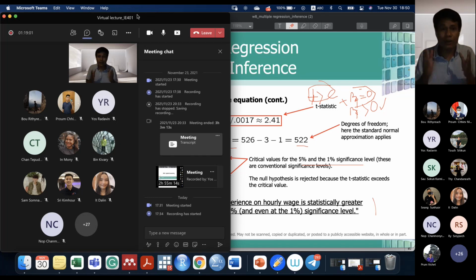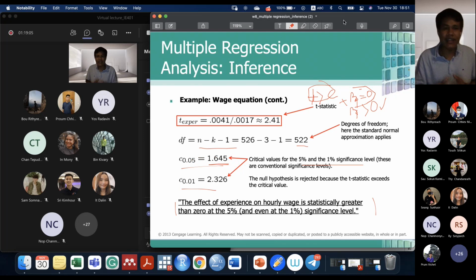Instead, researchers may only report the coefficient and standard error. If they only report the coefficient and standard error, how do you know? Remember, this T is the coefficient divided by the standard error. Later, I will give you the rule of the critical value.